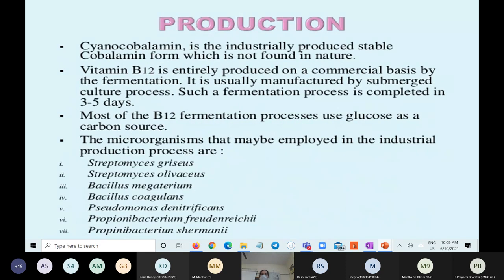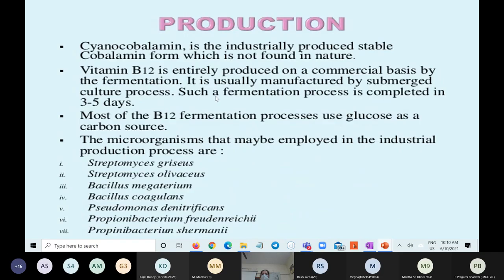Cyanocobalamin is the industrially produced stable cobalamin form, which is not found in nature. So it is produced only industrially, entirely on a commercial basis by fermentation.